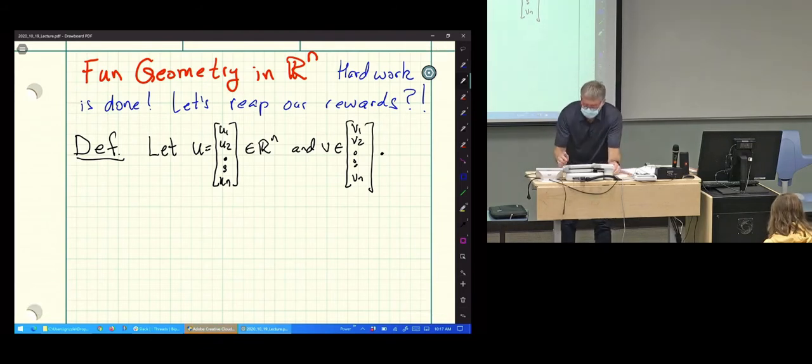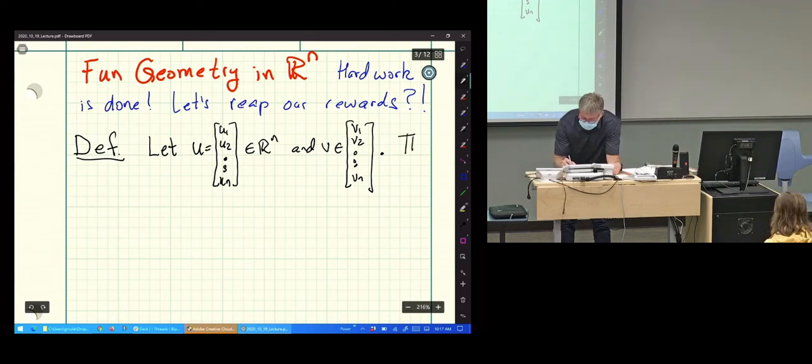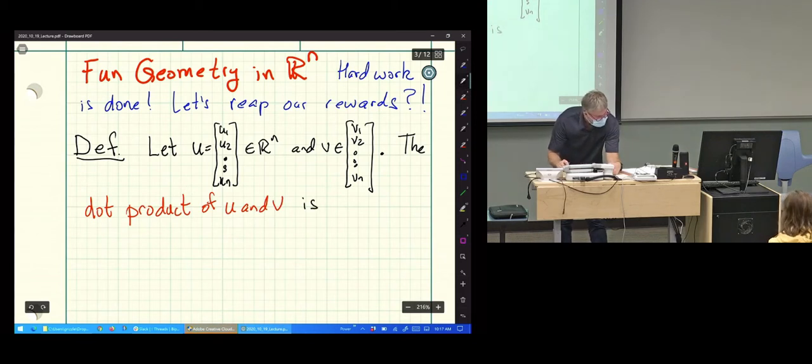The dot product of u and v is u with a great big dot in there, v.